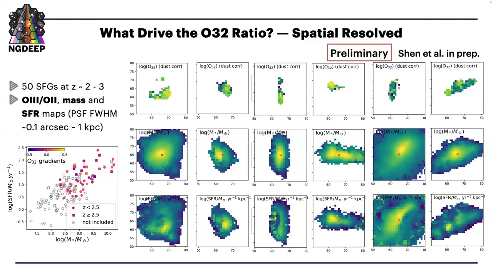The top panel shows the O32 ratio map, the second panel is the stellar mass map, and the bottom panel is the star formation rate map. These two are derived from pixelized SED fitting.